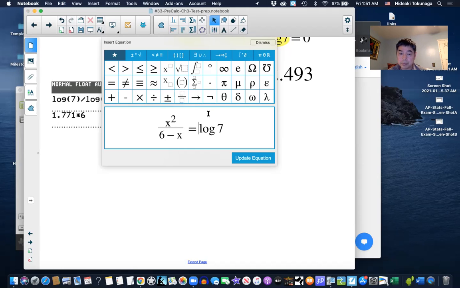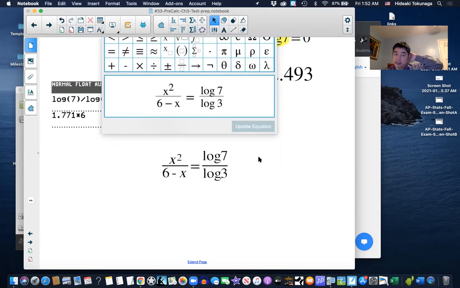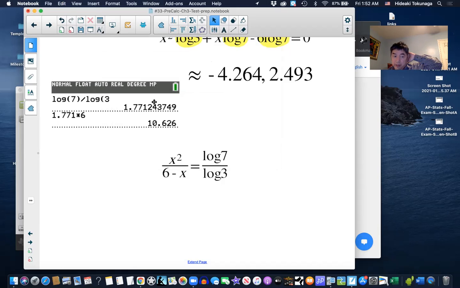Equal, log base 3. I think what I'm doing is right. This is first, and we took care of this one to this one, right here, 1.771. Okay, so x squared, and put this one back because it's not that confusing now.